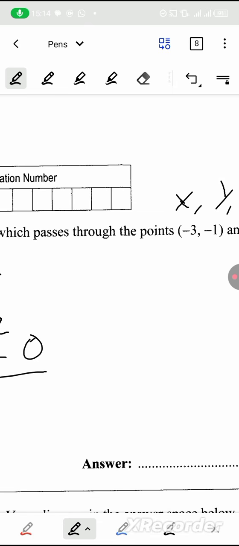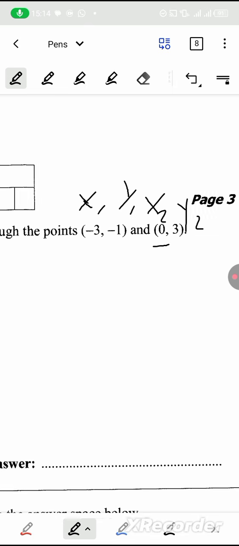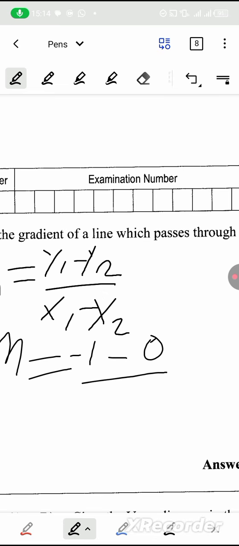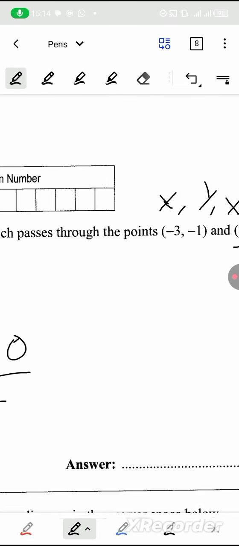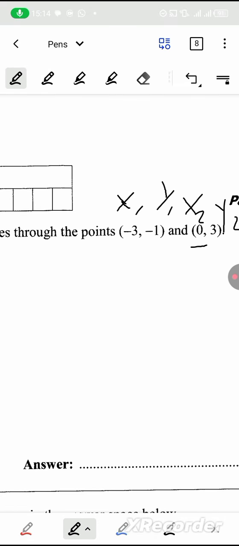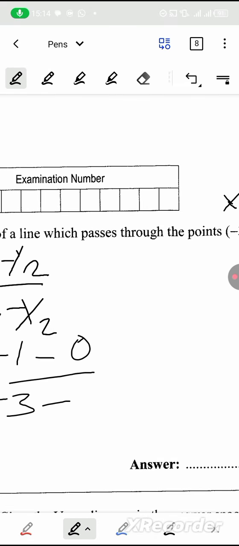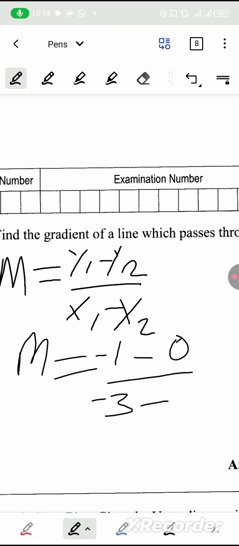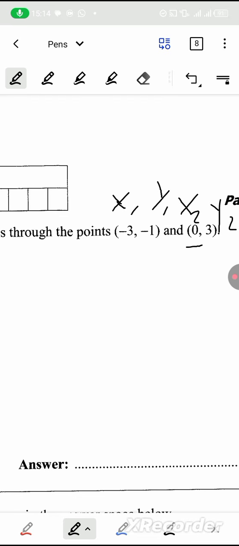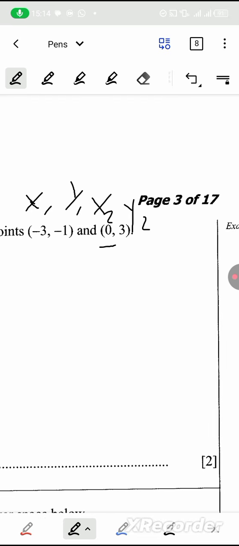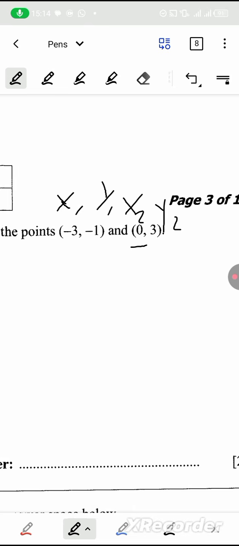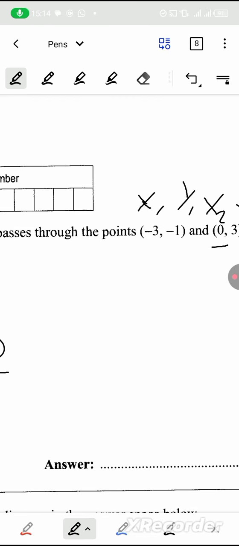Then we come to x now. x1 is -3, so we put -3 where there is x1. Then minus y1. We are saying y1 and y2 are on top. So y2 we add -1, y1 we add -1, then y2 is 3.